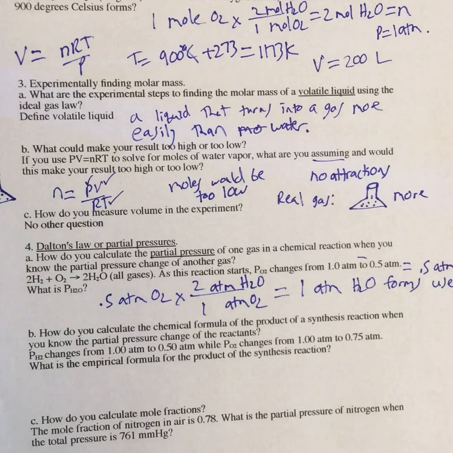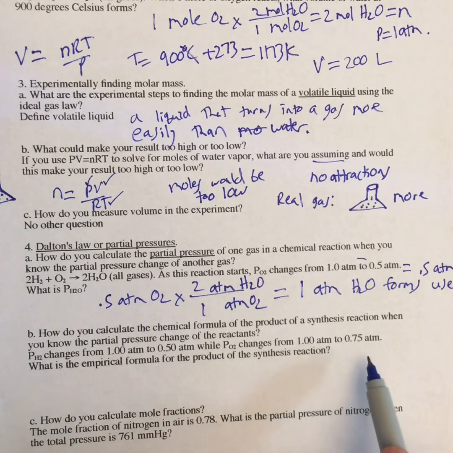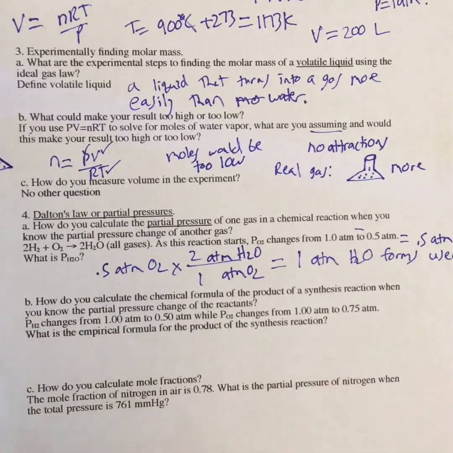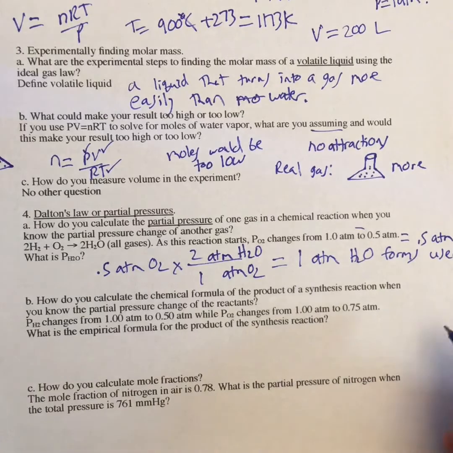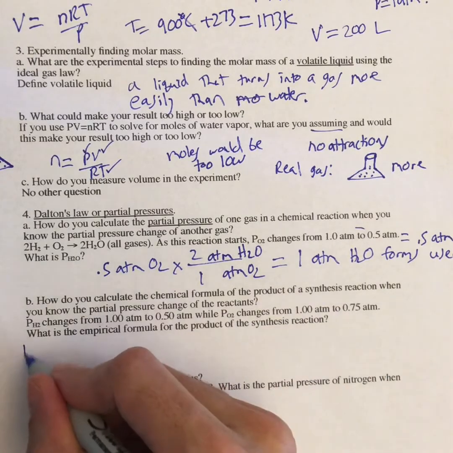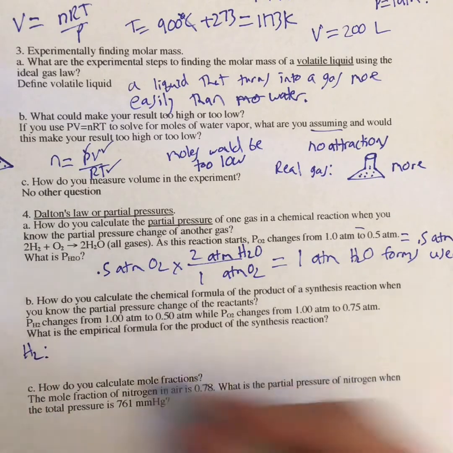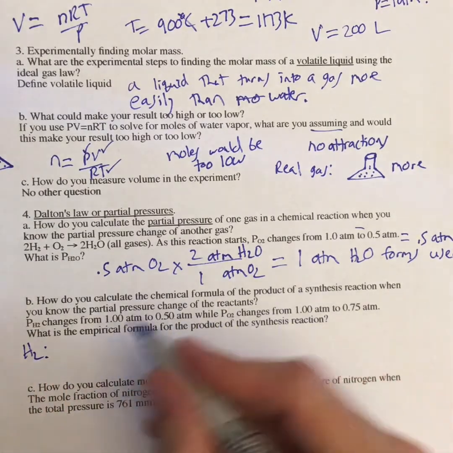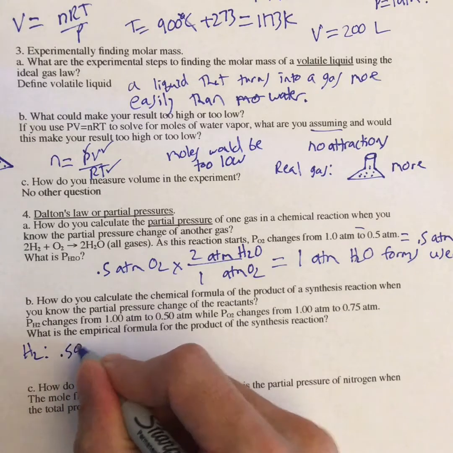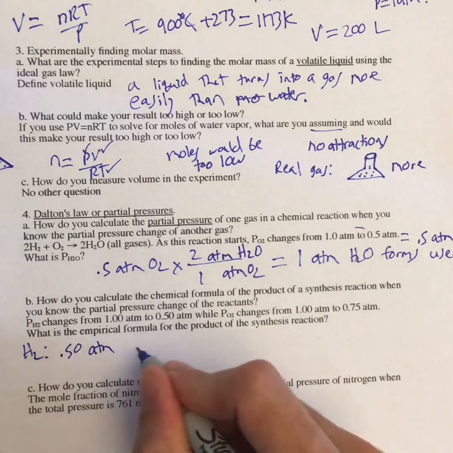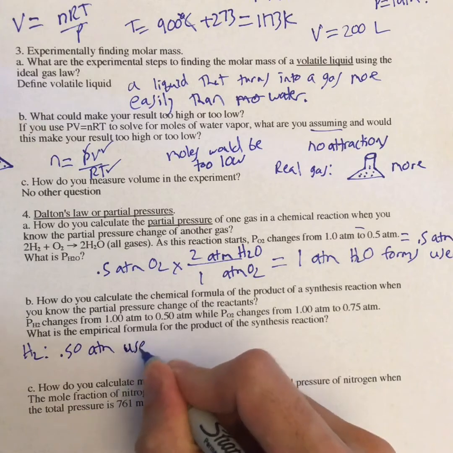Part B, same deal. This problem we could think of from the past as moles of hydrogen changes from 1 to 0.5 moles, and moles of oxygen changes from 1 to 0.75 moles. Find the formula, so we're just going to find a ratio of those moles, of those pressures. So for hydrogen, there are 1 minus 0.50 is 0.50 atmospheres that are reacted, used.